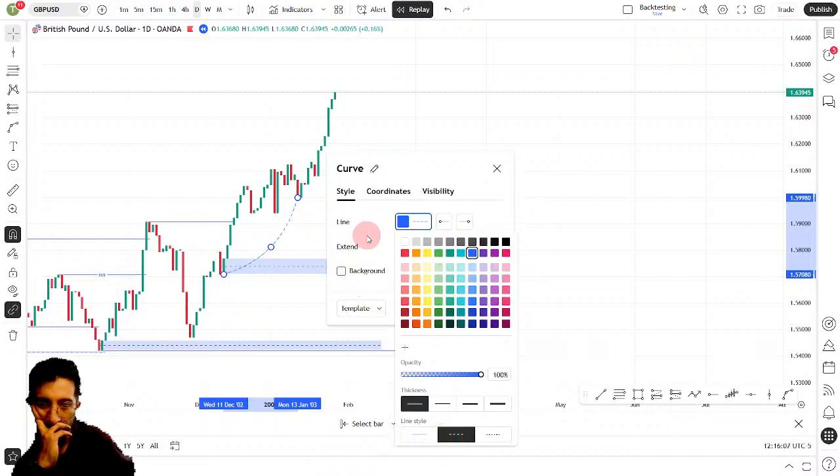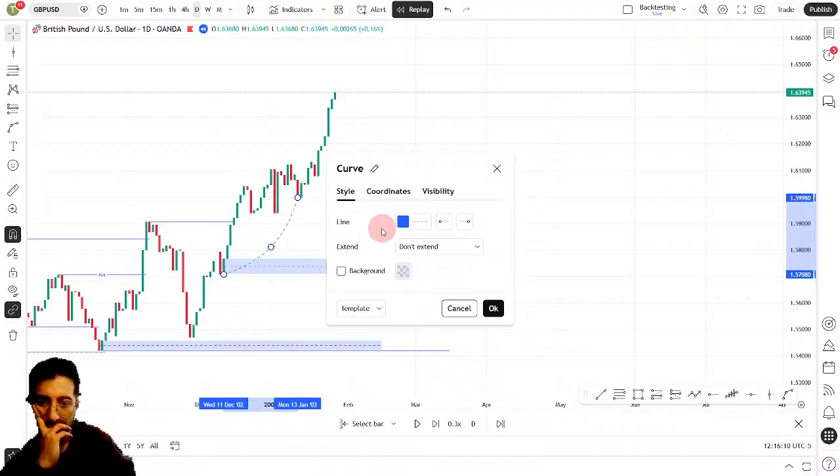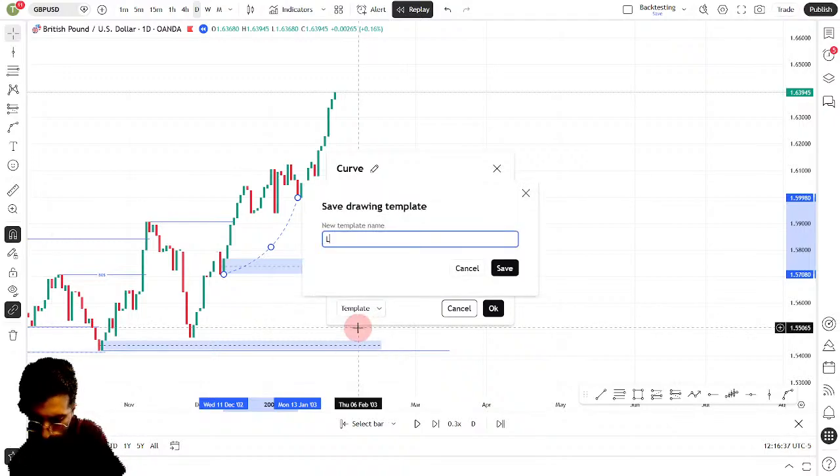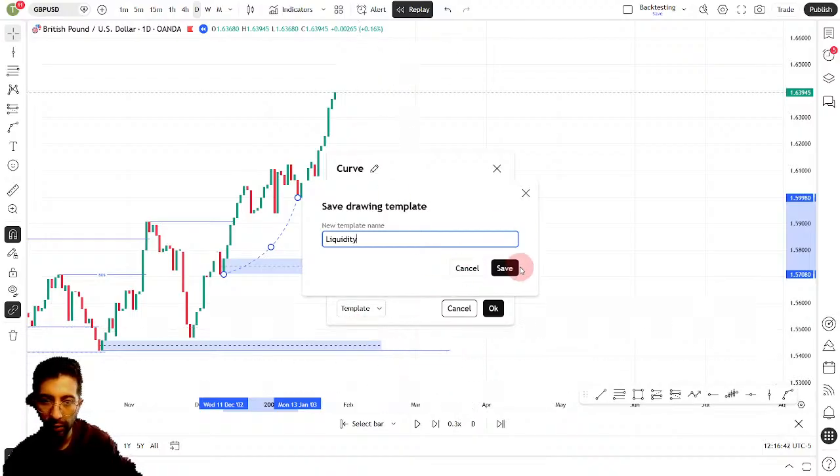Dotted, I love it. Should it have text or not? Visibility. Text. You cannot add text to this one. All right, it's good. Also it's called liquidity, so apply it as liquidity. Save it.